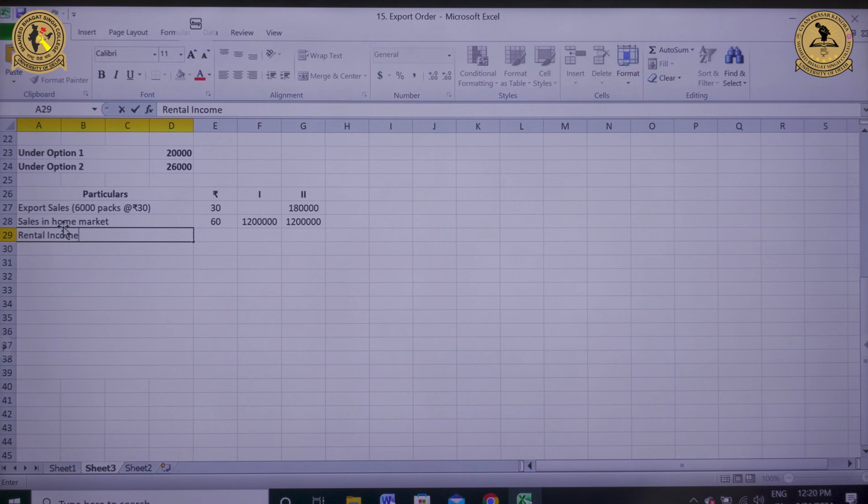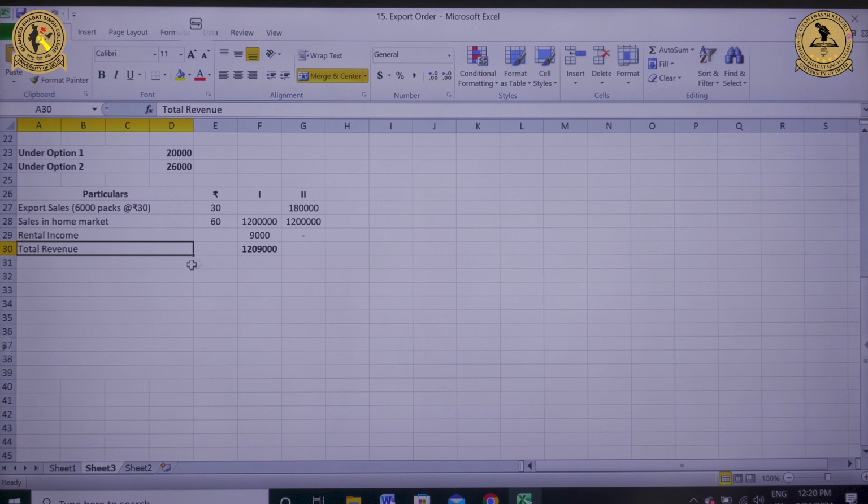Rental income. In this case, rental income is 9,000 under option 1, while it is not there in option 2. My total revenue will be equals to sum, bracket open, select this cell and press enter.